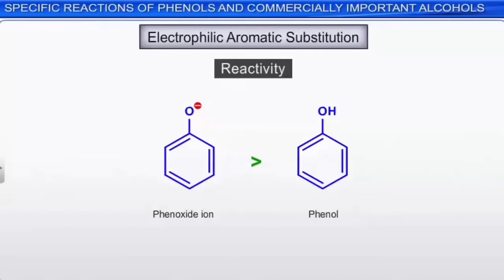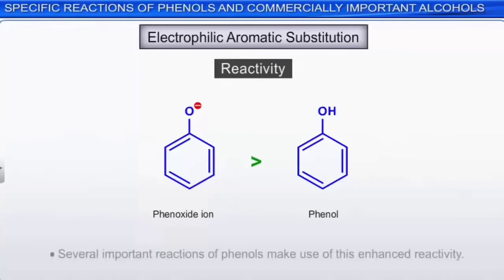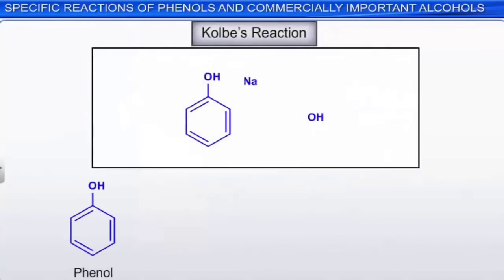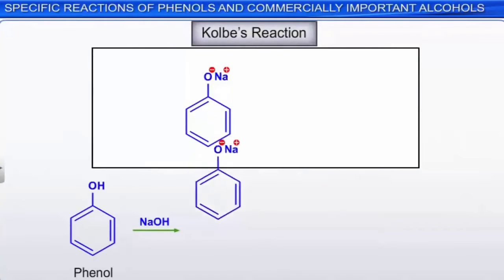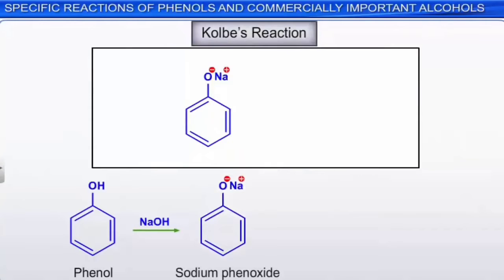Phenoxide ions are even more reactive than phenol towards electrophilic aromatic substitution. Several important reactions of phenols make use of this enhanced reactivity. In the Kolbe reaction, sodium phenoxide is prepared and then subsequently heated with carbon dioxide under pressure.